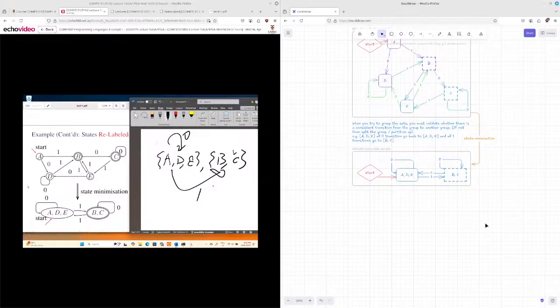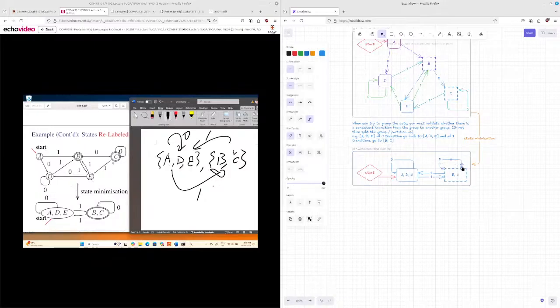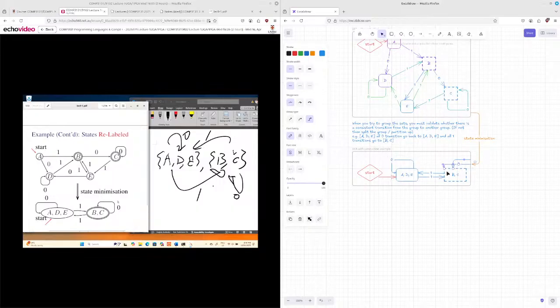From B to E there is a transition on 1. And from C to E there is a transition on 1, the same thing. From C to C there is a transition on 0. You just add that. So pretty much you look at every original transition, add the transitions for this state, and then eventually you get this.